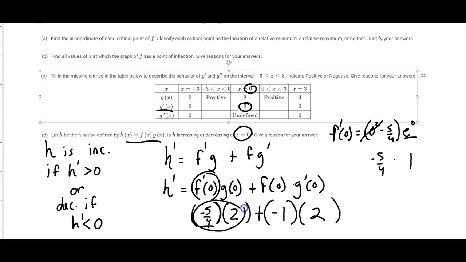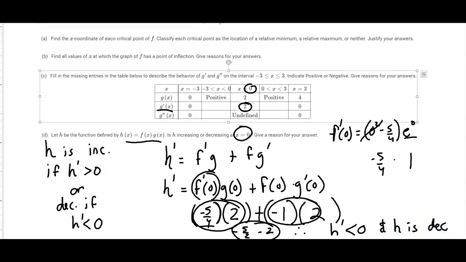So 2 times negative 5/4 is negative 5/2, and this is negative 2. And we could take the time to combine these if you wanted to, but it doesn't really matter. When you put two negatives together, you're going to get a negative. So therefore, h prime is less than 0, and h is decreasing.